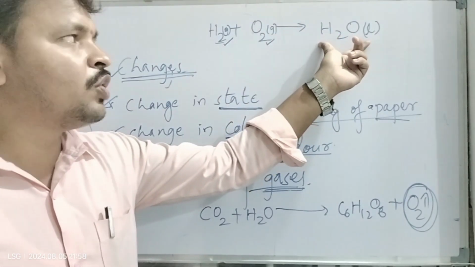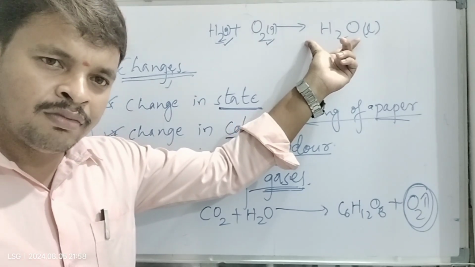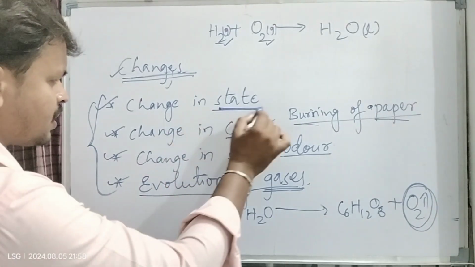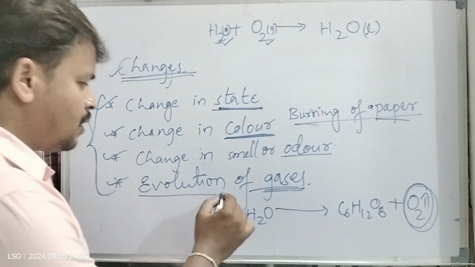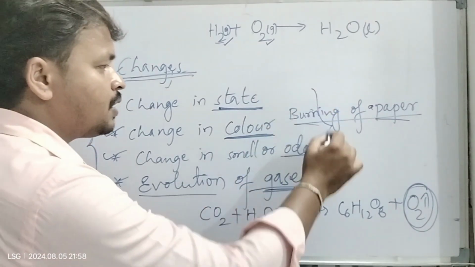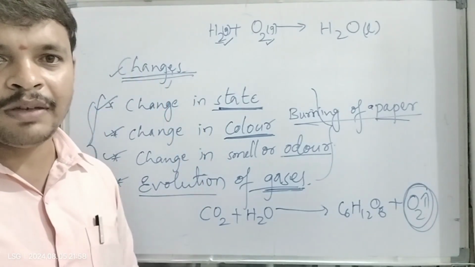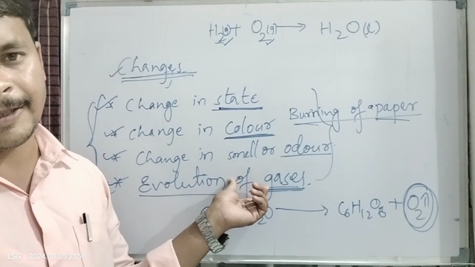Water. Here, there is no evolution of any gas. Then can it not be called a chemical reaction? No. Any one among these: either change in state, change in color, change in smell or odor, or evolution of gases. Along with this, formation of new substances, which is very important. New substances are produced during chemical reactions.